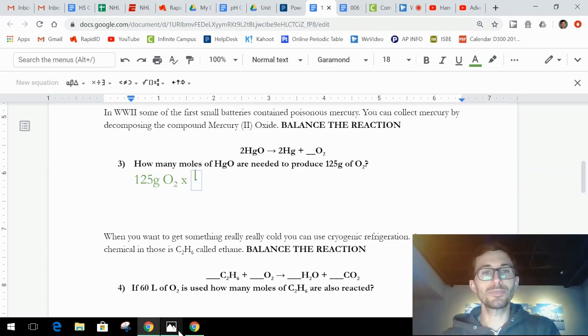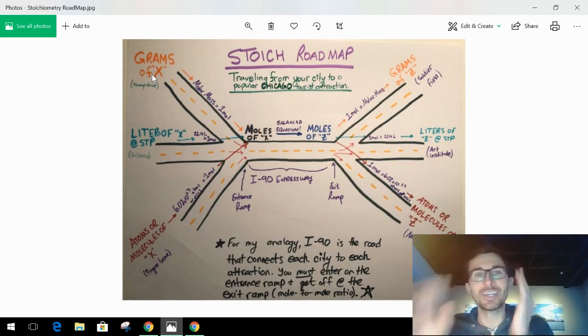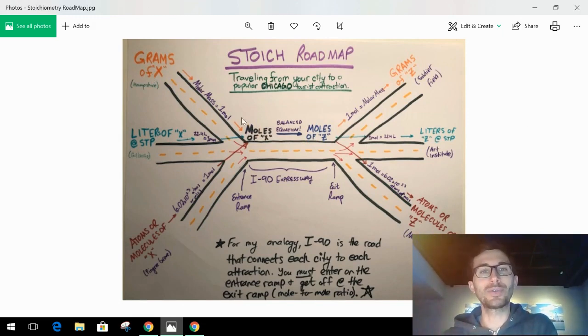And if I use my little roadmap, I'm going to show you how you can use this thing. If you start with grams, note I'm up here. There's only one thing to do. You can't do anything else. That's why I use my little roadmap here. The only way you can get down to moles is by using the molar mass. So start with grams and go this way to moles of our substance. And up here, 1 mole is equal to the molar mass.